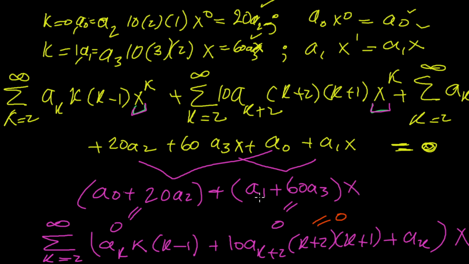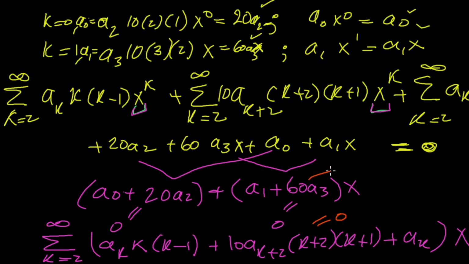We factor x, so this coefficient a sub 1 plus 68 a sub 3 must be equal to 0. Alright, so that kind of gives us, I'll leave it in this place so you can see what we will get.